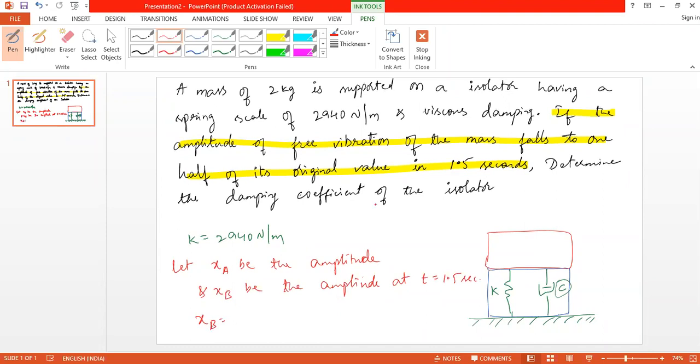And this XB is half of XA, it is 0.5 times XA. Is it clear? So we need to find the value of the damping coefficient, that is C.